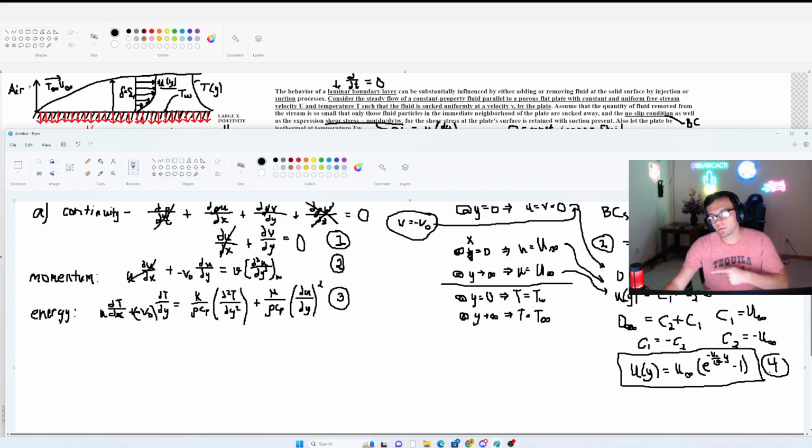From energy, we're going to use this again. As you can see, d sub u over d sub y, which is this. This should be small u, but whatever. We can use that squared. Let's do that real quick. What is the partial of u over the partial of y for this?